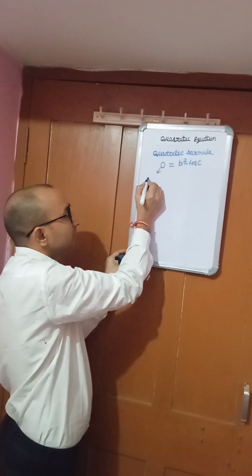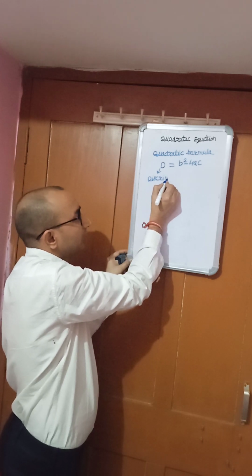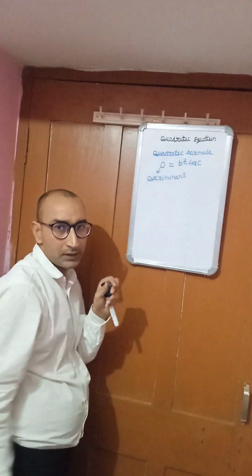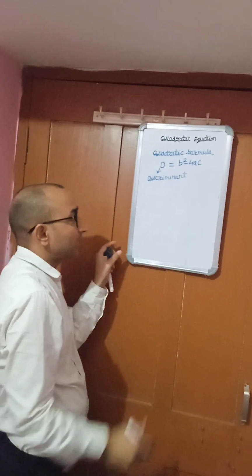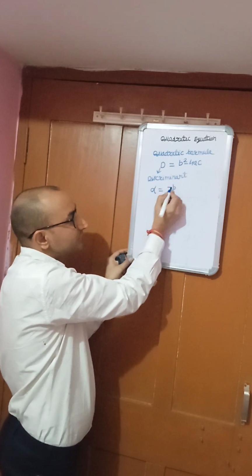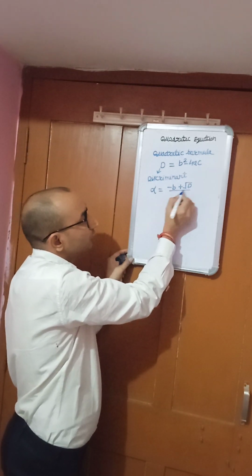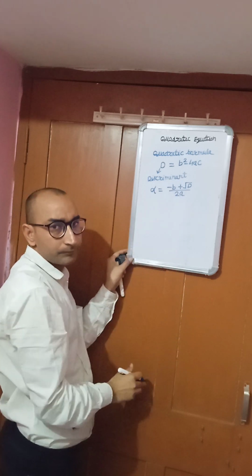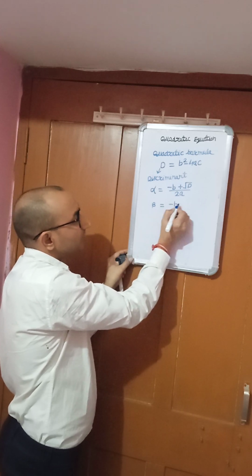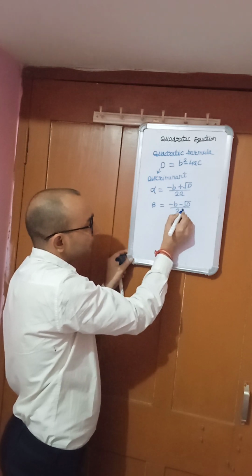D means discriminant. This is the discriminant. And after finding the discriminant, we have to find alpha. What is alpha? Alpha means minus b plus root under D by 2 into a. What is beta? Beta means minus b minus root under D by 2 into a.